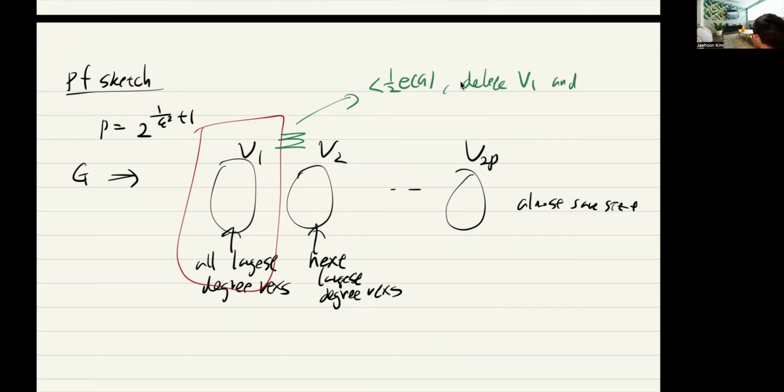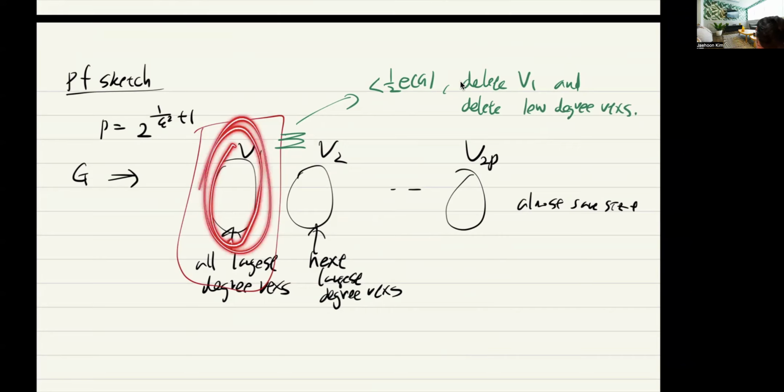No, sorry. You delete B1 and delete vertices with too low degree. So as I mentioned, all the largest degree vertices are here, and this is a constant fraction.